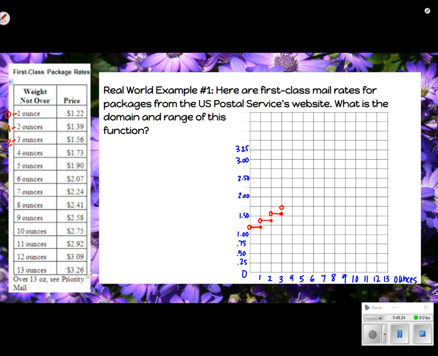So I'm going to go between 3 and 4. And notice, because my open circle and my closed circle line up, it's still a function. Between 4 and 5, I'm at $1.90. I might have been able to do this without having to round or estimate. That's great. I'm going to go down a little bit.